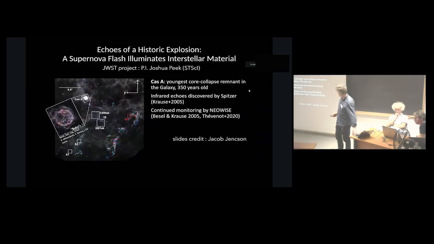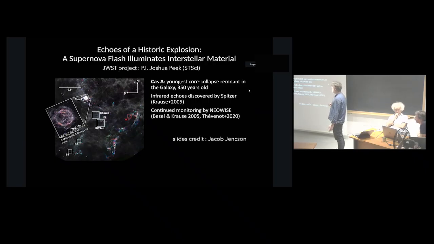And the very last thing I want to show, and you want to see this, is a JWST project led by Josh Peak. The idea is to use Cas A, which has a light echo propagating in the ISM.